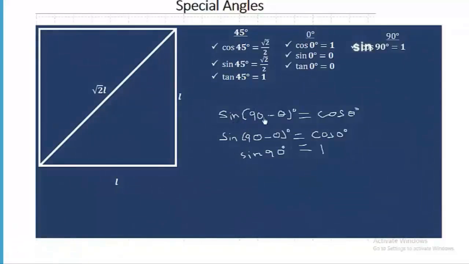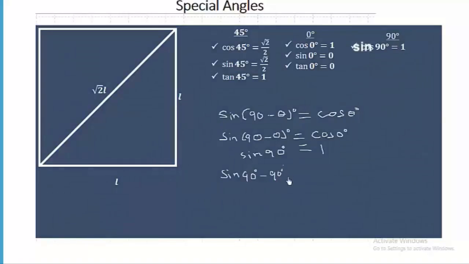Now we want to find cos 90 degrees. So to get cos 90 degrees, we have to put theta equal to 90. So we put theta equal 90 over here to get sine 90 minus theta, that is 90, sine 90 minus 90 will be equal to cos 90 degrees.